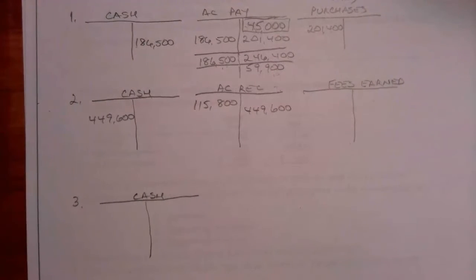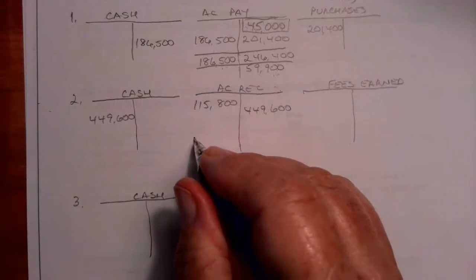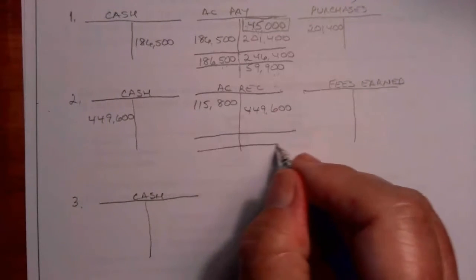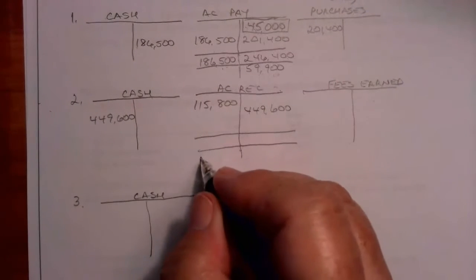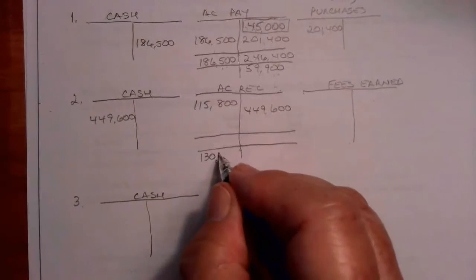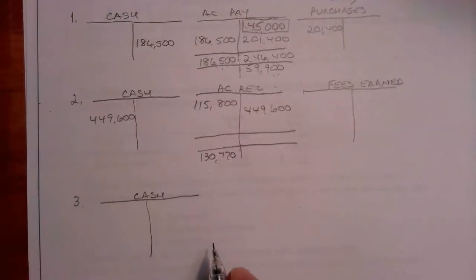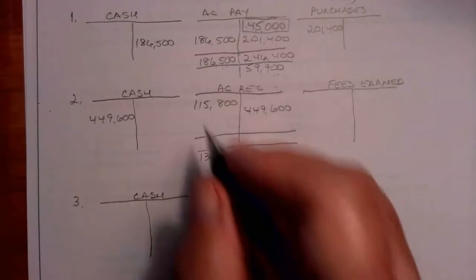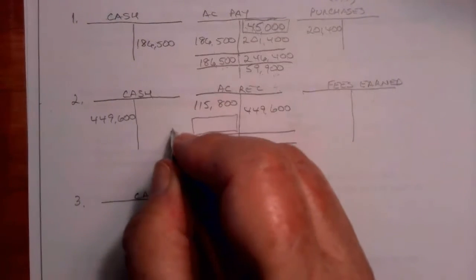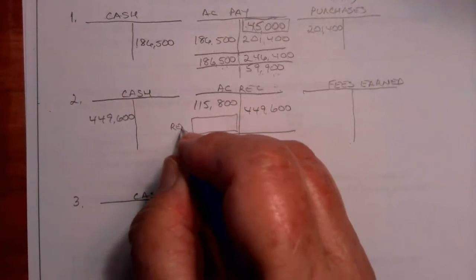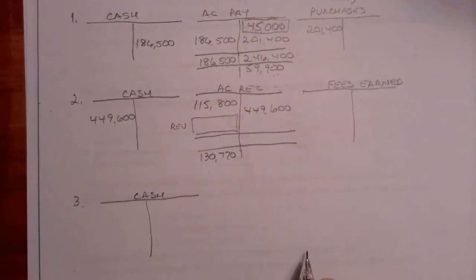Assume that the October 31 balance was 130,700. The question is, determine the fees billed to customers on account during October. So we're looking for these fees right here. This would have been revenue that we booked on account.